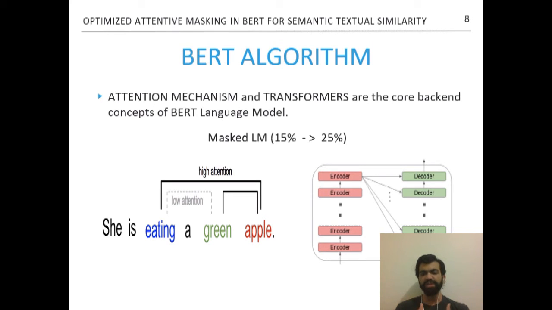That means we are going to increase the attention over the whole 100% word corpus, giving more attention in the word-to-vector representation phase. So this is our proposed mechanism, and this is the characteristic that we are going to modify in the BERT algorithm.